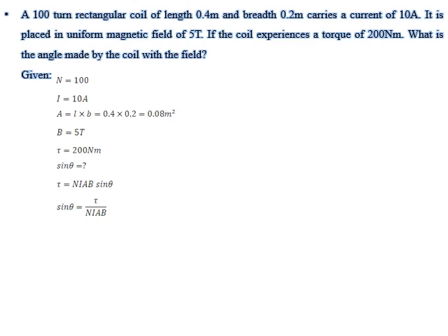Sin theta is equal to torque divided by NIAB. So sin theta is equal to 200 divided by 100 into 10 into 0.08 into 5. If you find out, you will get sin theta as 0.5. If sin theta is half, then the value of theta should be 30 degrees.